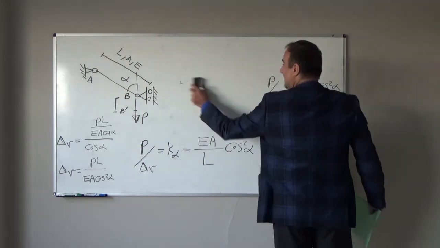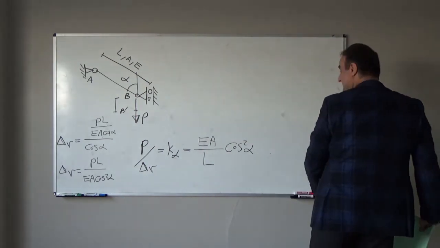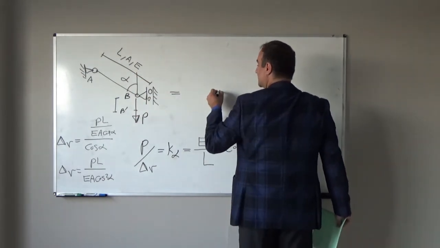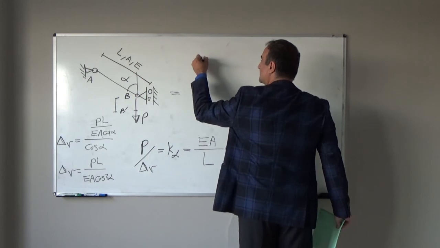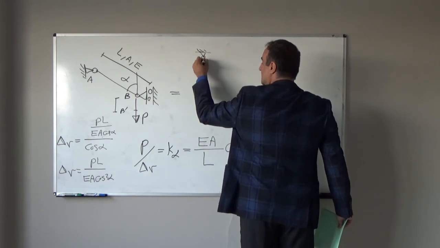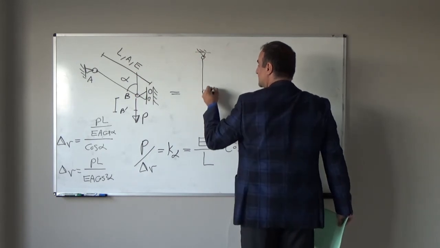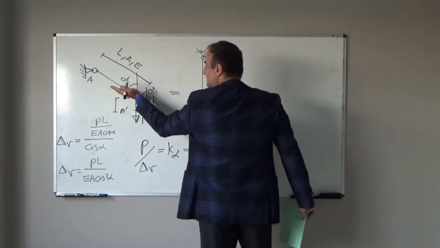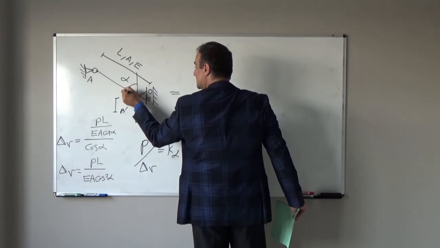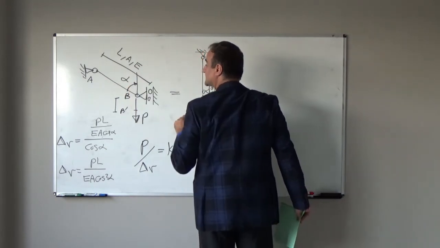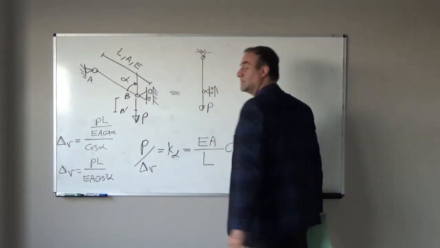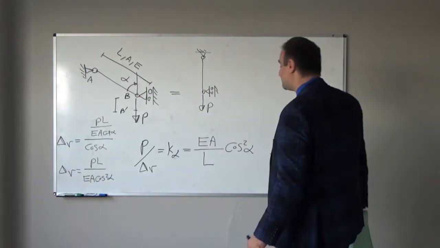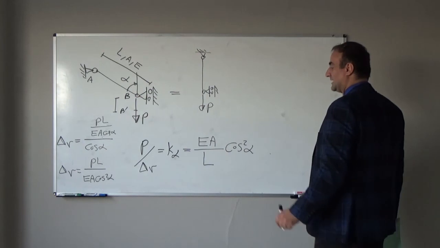If I rotate this member and bring it to the force direction, what will happen? It means I rotate this clockwise and bring it to the load direction. I make alpha equal to 0. What will happen?